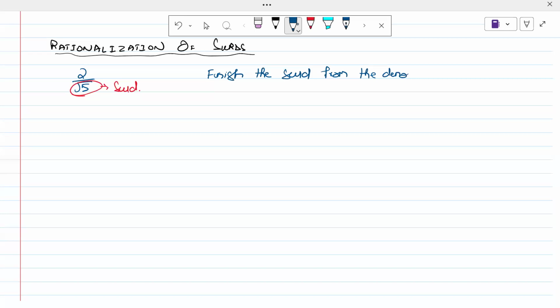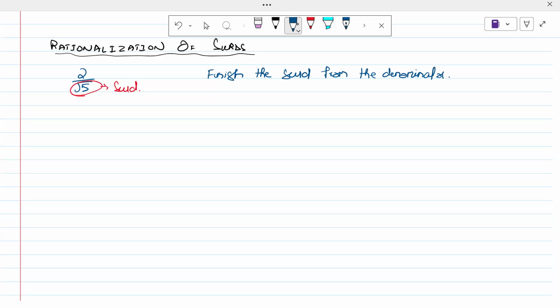We do this to make things look simple, because when we have under roots in the denominator, addition, subtraction of fractions, multiplication of fractions gets a bit difficult. So to make things easy to handle, we rationalize it. And rationalization means, I repeat again, getting rid of surds from the denominator.